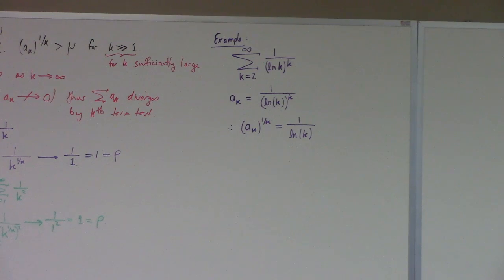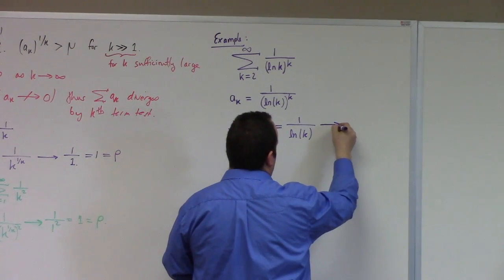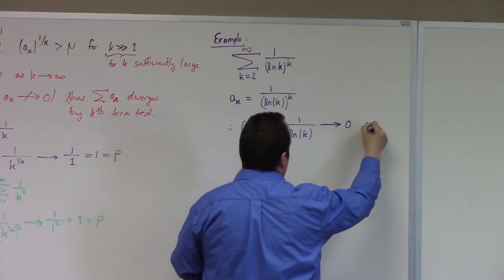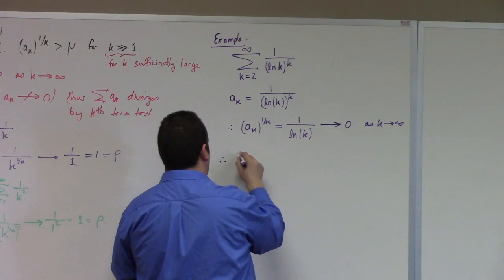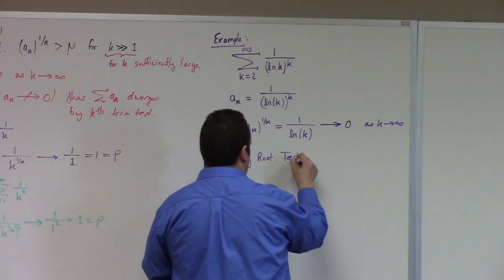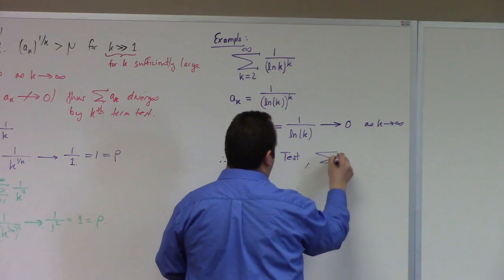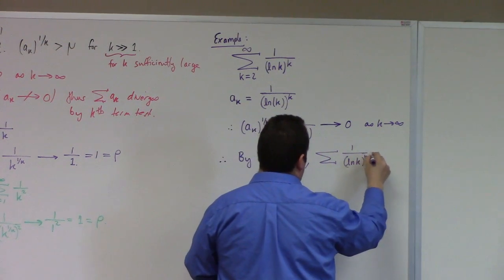And so what does this do? Well, this goes to 0, right, as k goes to infinity. Therefore, by root test, we have that the sum of 1 over ln of k to the k power converges.